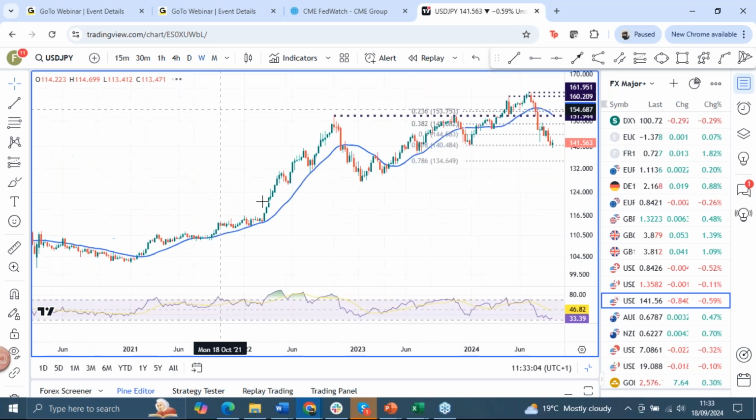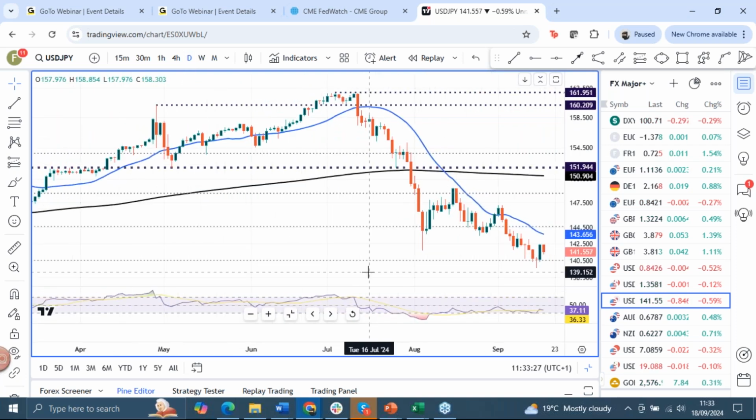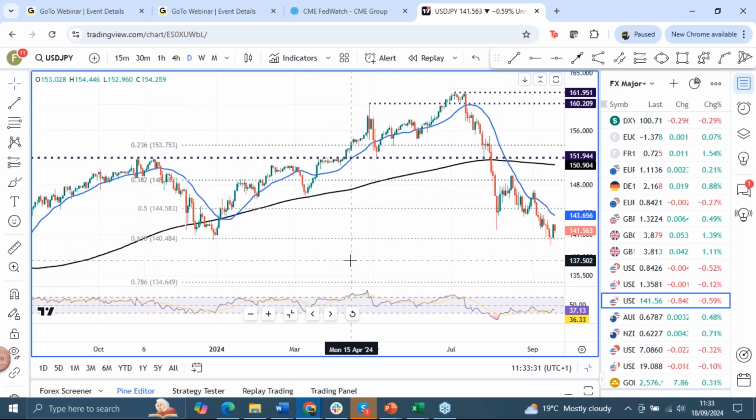this is a weekly chart, and you can see this long-term Fibonacci level, from the 2023 low up to this year's high above 161. The key long-term fib level is the 61.8 retrace level. You can see it held prices back in December, and we're sitting on that level now. 140.48 is the level there, which is key support for us in dollar yen.